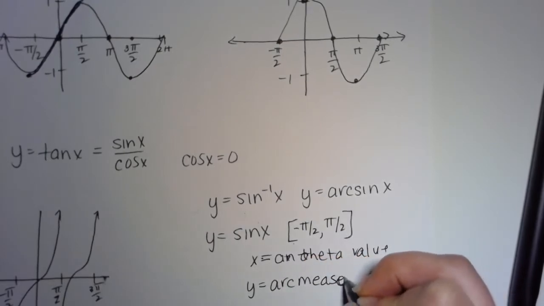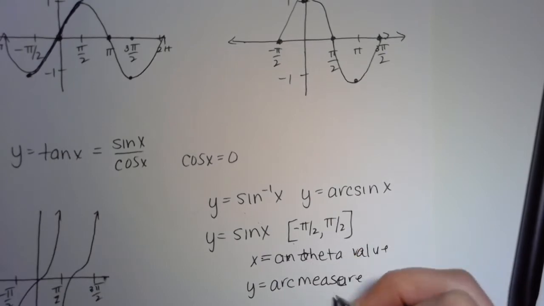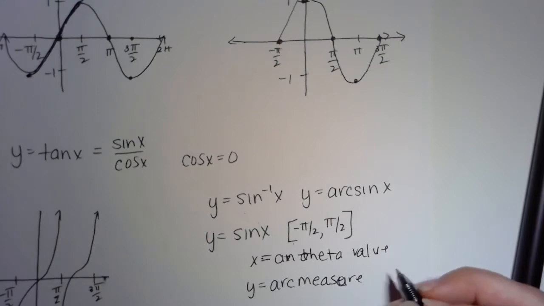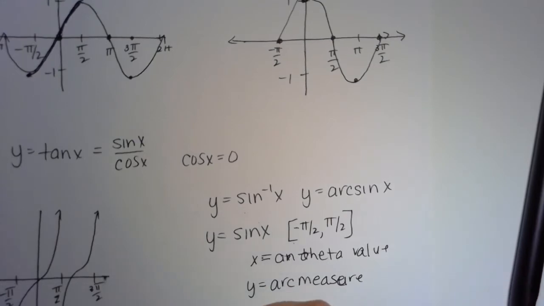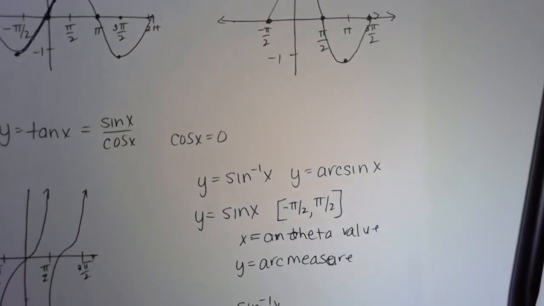So we put in a theta, we get out a radian measure. And when I'm dealing with y equals arc sine of x, what I'm going to put in is the arc measure. That's my x, and my y will actually be my theta value.